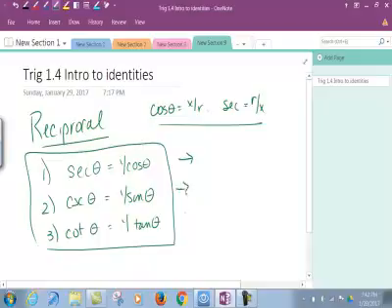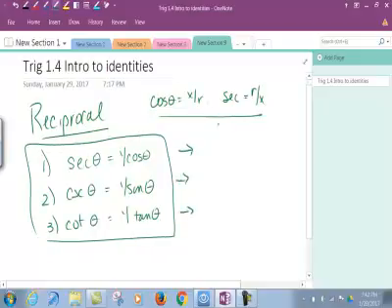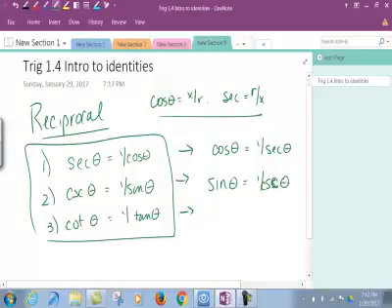Along with each one of them comes a partner. Since the secant of theta is 1 over the cosine, it follows that the cosine of theta is 1 over the secant of theta. We don't use these ones as much, but they are also true, and it might turn out that you need one.